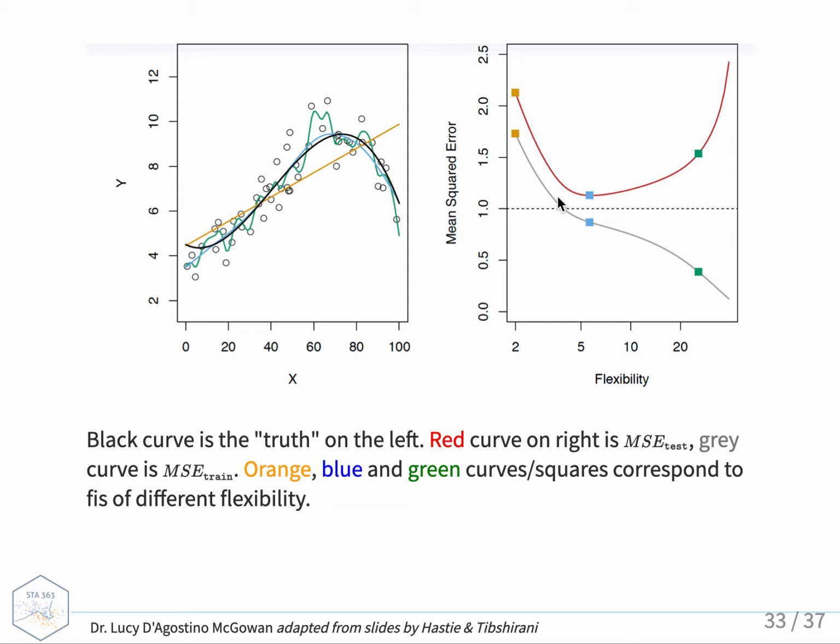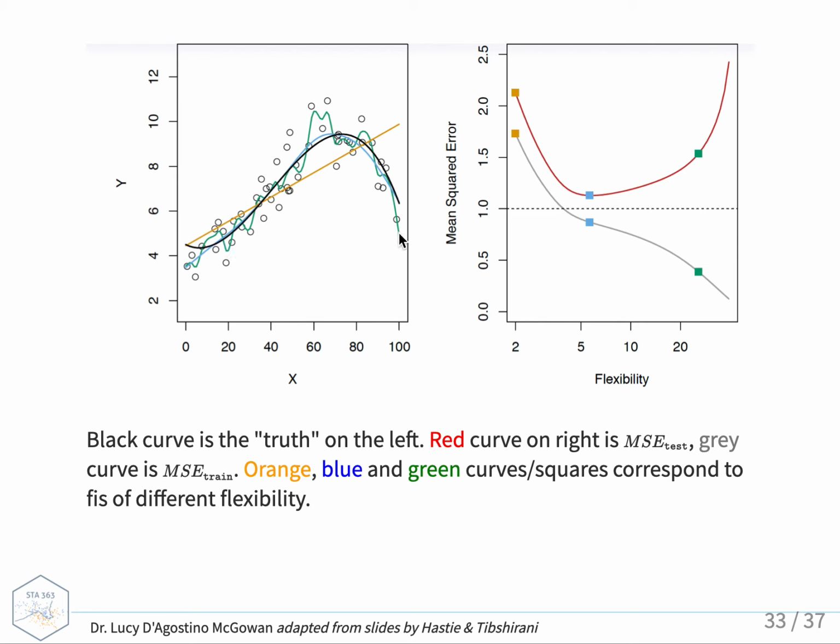And this gray curve here, that's the mean squared error using the training sample. And then we've got an orange, blue, and green square here on each of these curves, and those correspond to the orange, the blue, and the green curves.